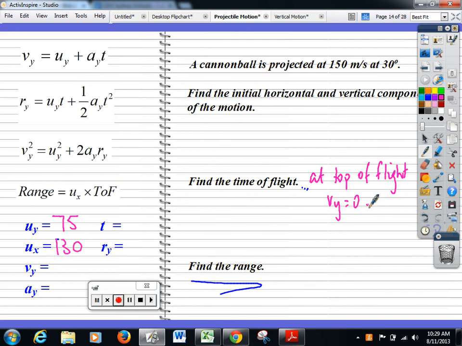Now, because it's a ground-to-ground projection, if I find the time to the top of the flight, what will I do to get the whole flight? Just double it, wouldn't I? So we're going to find the time to get to the top, and because it's ground to ground, I will just say the time of flight is double that, because what goes up must come down in the same way, without air resistance.